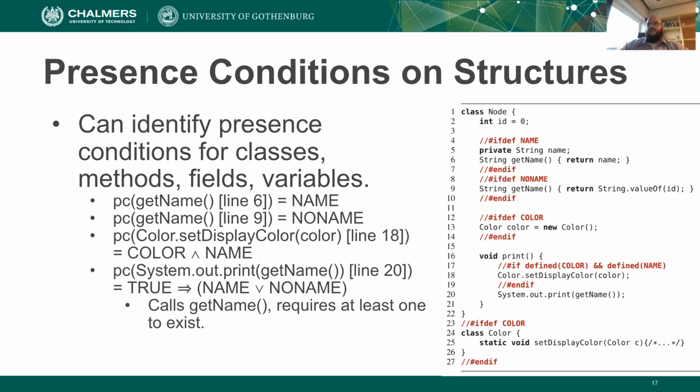In our example, there are two methods here that are getName. In line 6, we have a method getName, and the presence condition in this case is that name is true, that we use that feature. The version in line 9 of getName has the condition no name, just for when we include that.